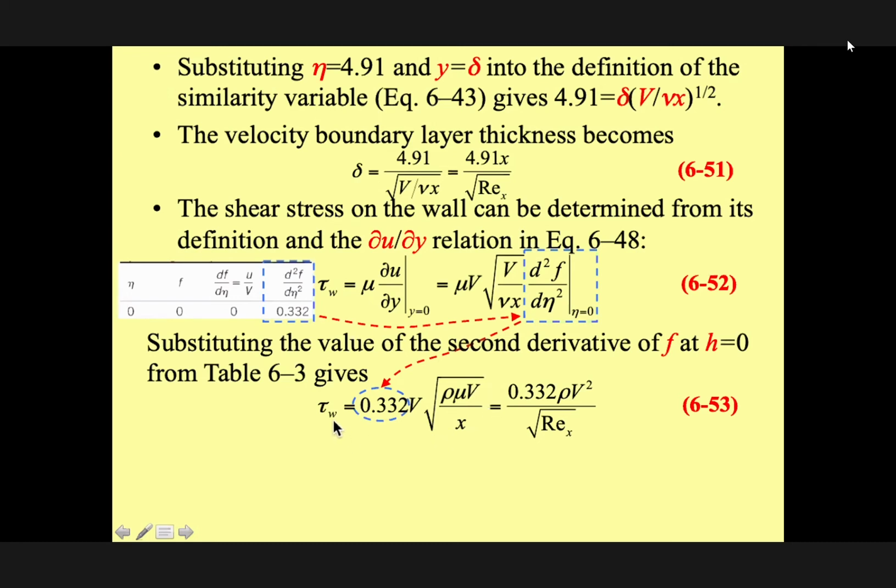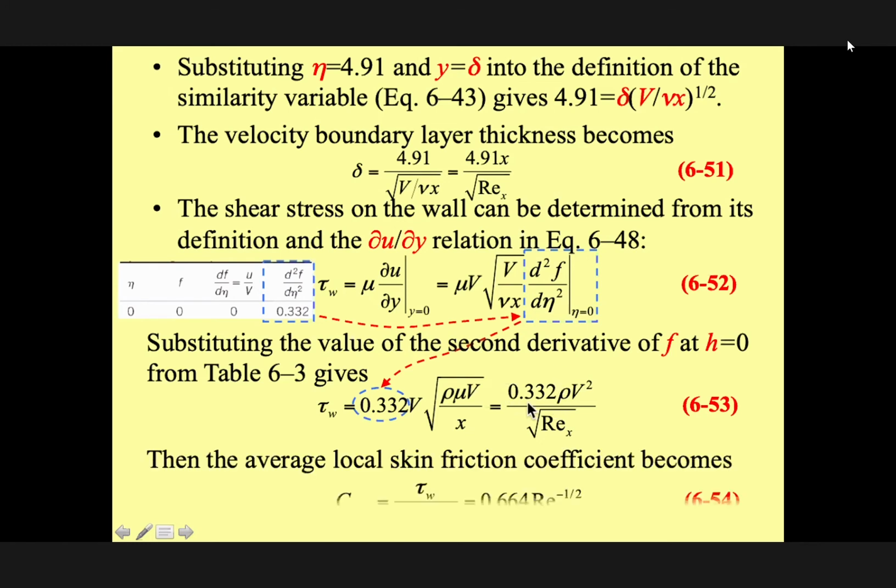Therefore, now you can calculate shear as a function of velocity at every point on the plate. As you move along the plate, you can calculate shear. Remember this number here again. They can also calculate the friction factor, so now you have an expression to calculate the friction factor here.